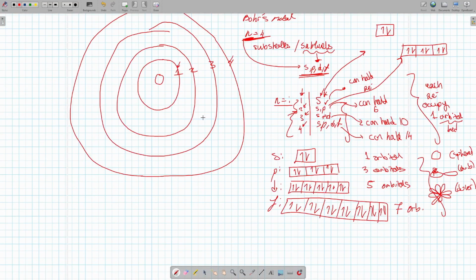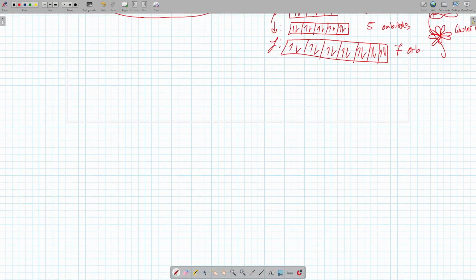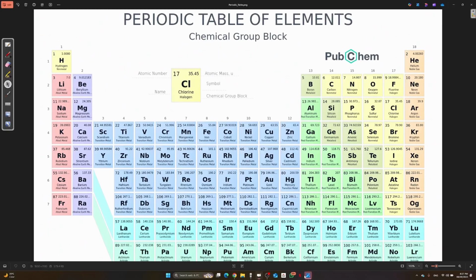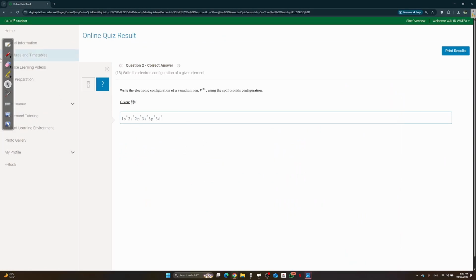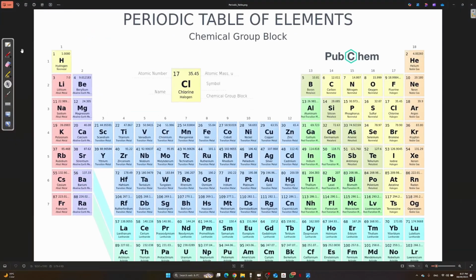So what do you need to know now? How do you write an electron configuration? You need nothing but your periodic table. So here is what you do. I need you first to imagine that helium isn't over here, that helium is over here, okay? And I'm going to divide this periodic table into 3 sections.